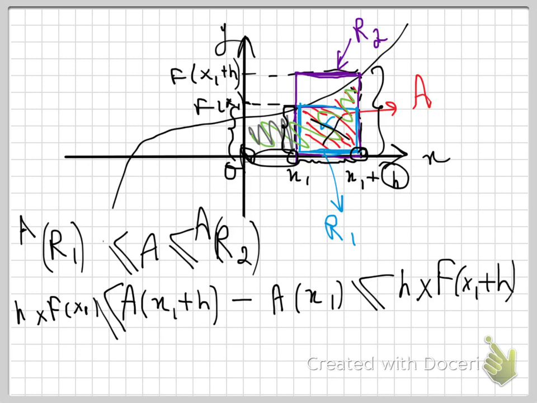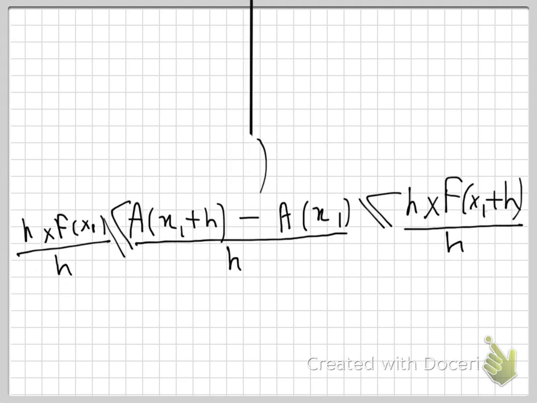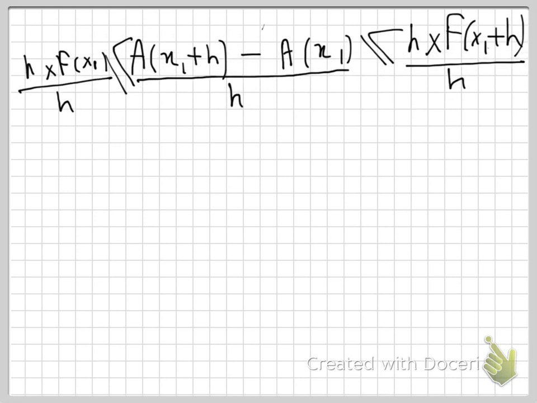So we get this inequality, and by a simple procedure, if we divide all of them by h, because we know that h is a positive real number, we get a new inequality.